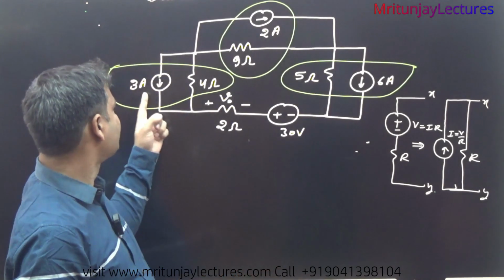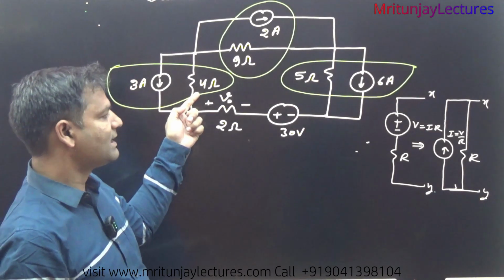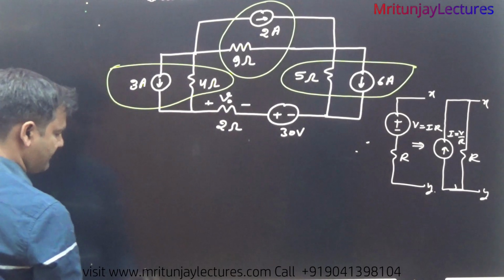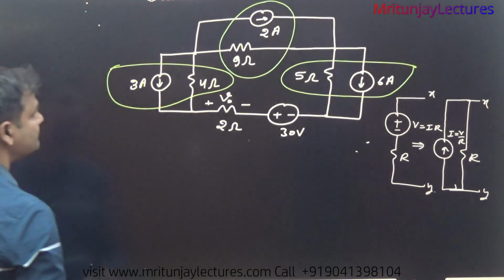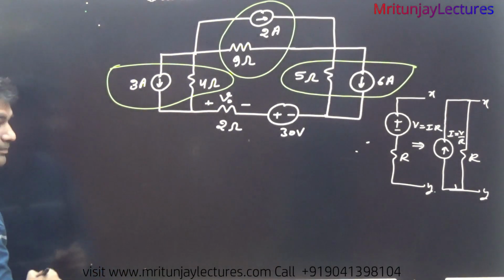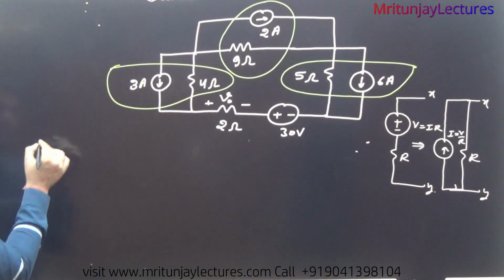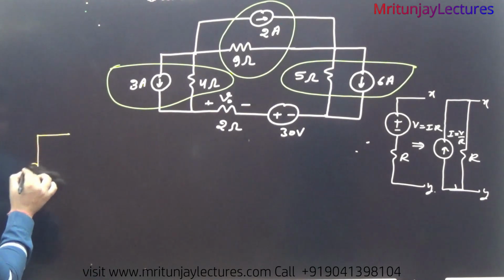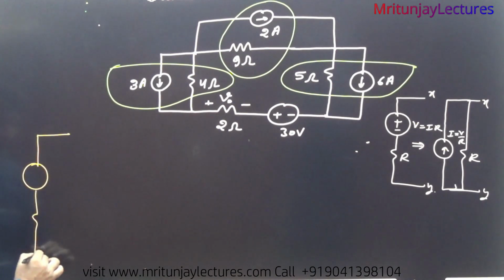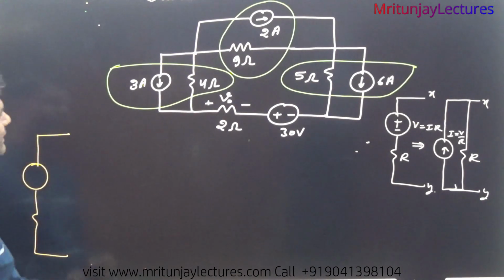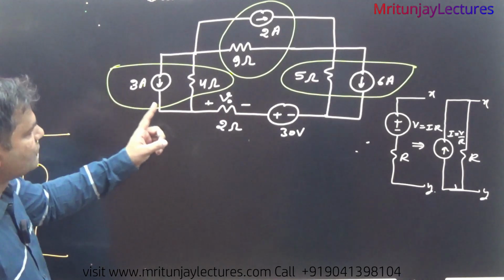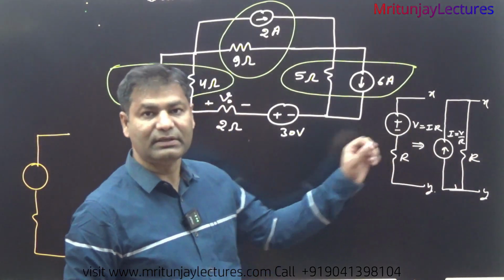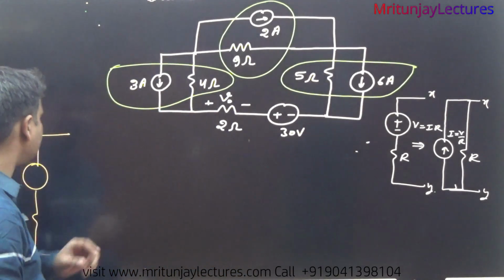Simply, if you see here, current direction is downward, resistance like that. Okay, so this one is making very simple. This one is making voltage and resistance written like that. Okay, here 3. I know that if current and resistance are given, then I into R is V. So 3 into 4, that is 12 volt.